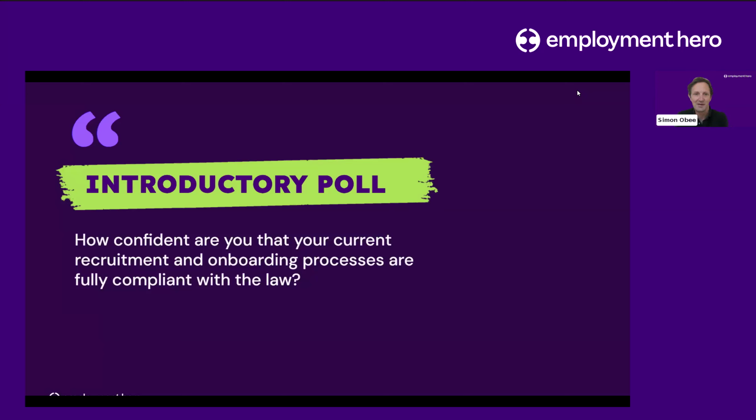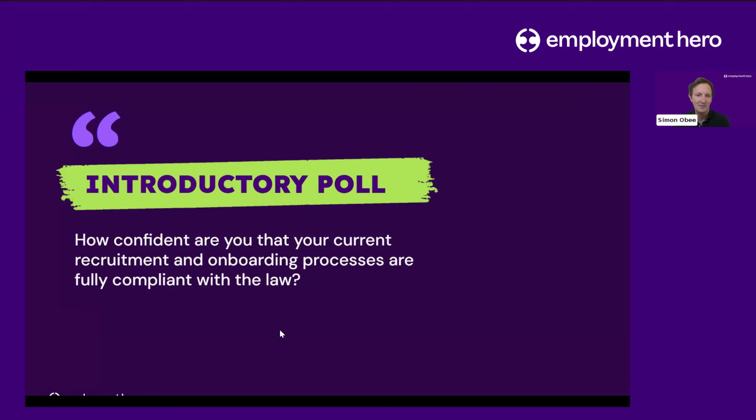We do our best, but there may be gaps. Not very confident or not confident at all. Compliance is a bit of a grey area for us. We're unsure where to start.